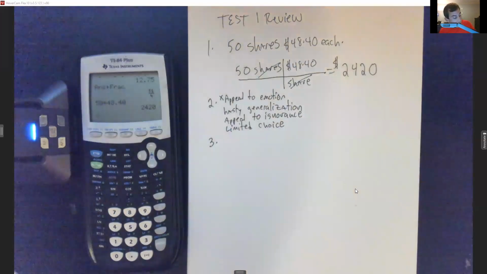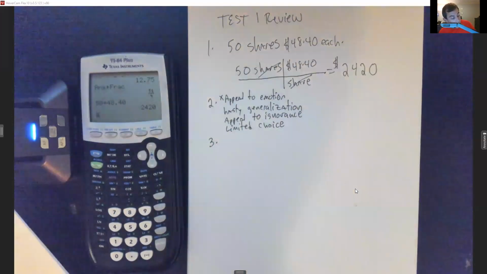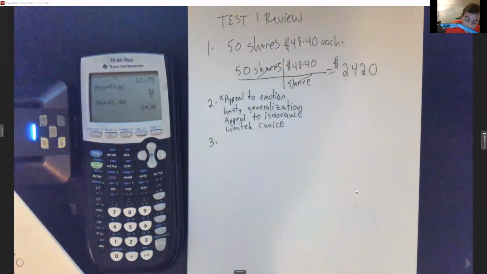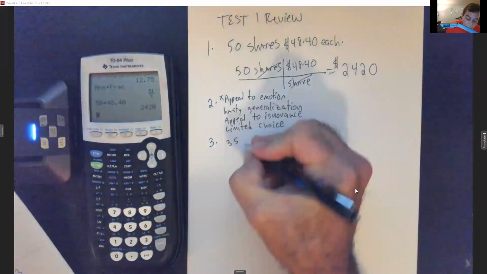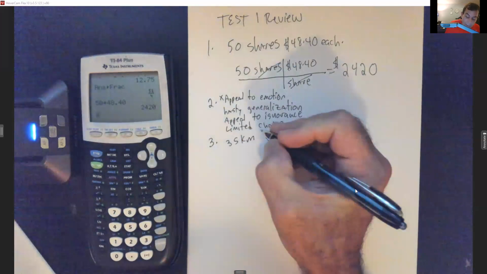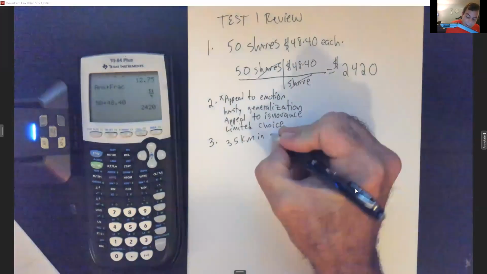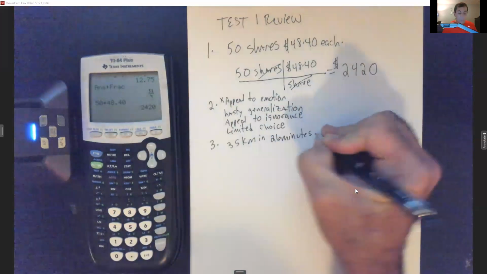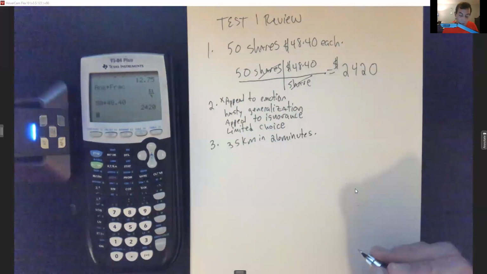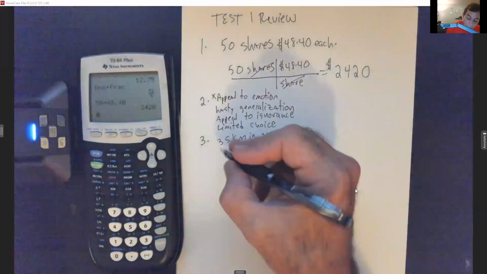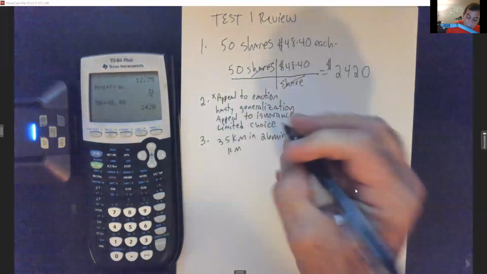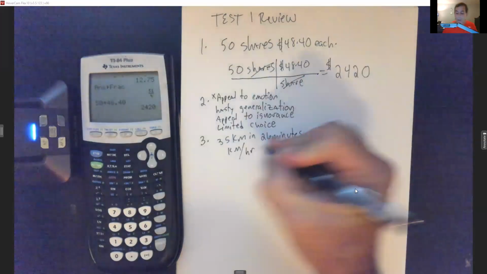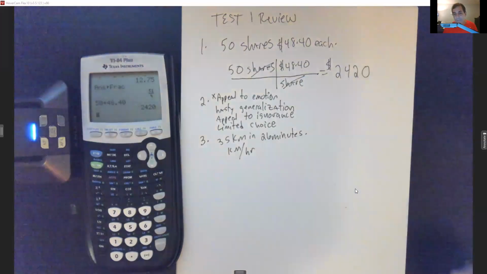All right, check this out. A commuter train travels 35 kilometers in 26 minutes. What is the speed in kilometers per hour? So they want to know, what is the speed in kilometers per hour?